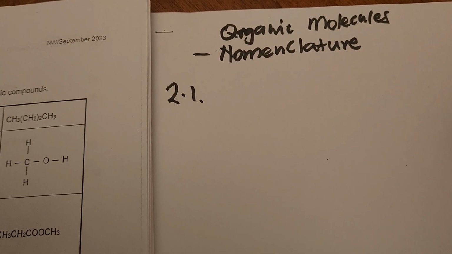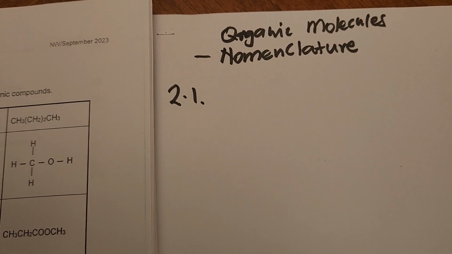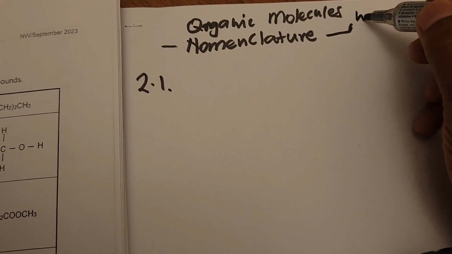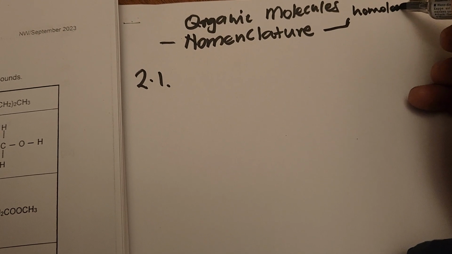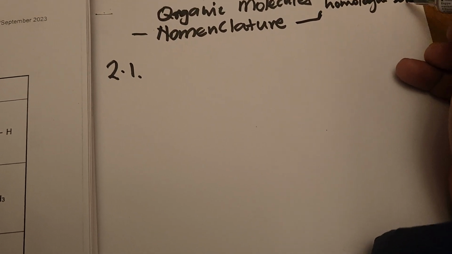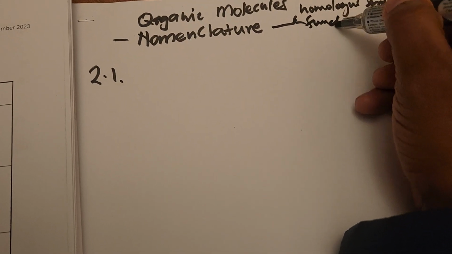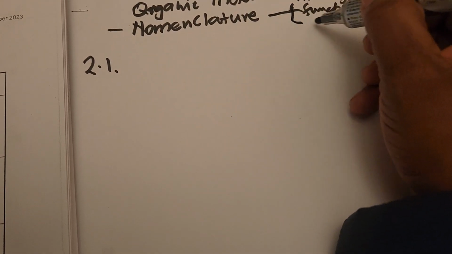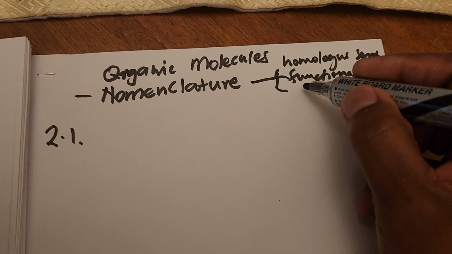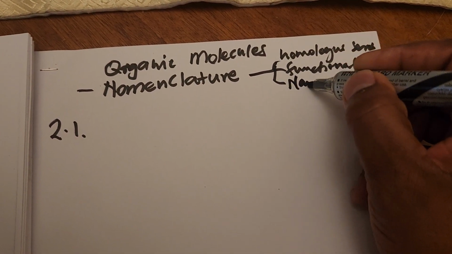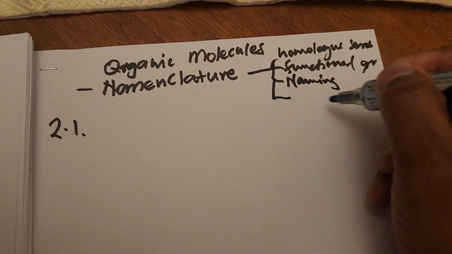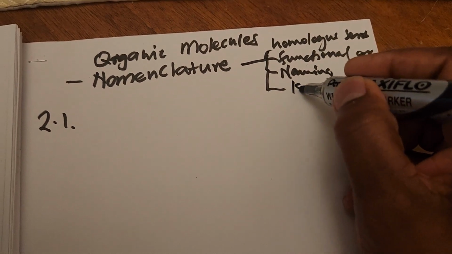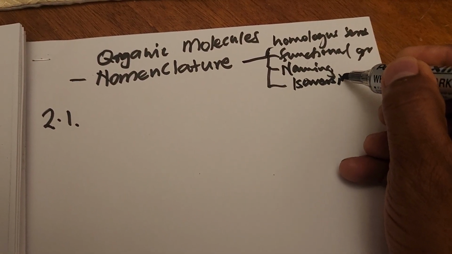In a normal question paper, we'll be dealing with the nomenclature, which involves mainly 4 things: your homologous series, your functional group, the naming, and you also have to know isomerism here.